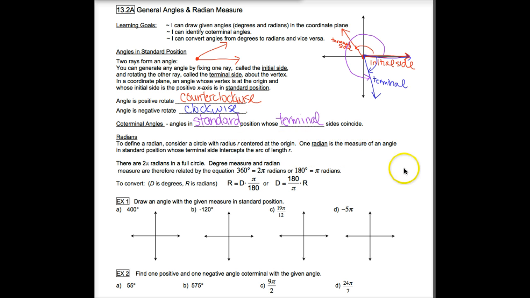So what a radian is, if we're looking at a circle, 1 radian is the measure of an angle in standard position whose terminal side intercepts an arc of length r. So if we're looking at a circle here and this is the angle, we measure those angles in degrees. But radian measure also measures an angle, but what it's really talking about is this.